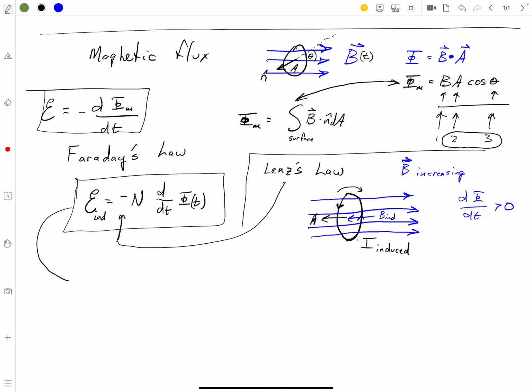So what was a good example that we did for this? Let's say we have a B field region, and we've got a loop. We'll put a square, here's our B field region.